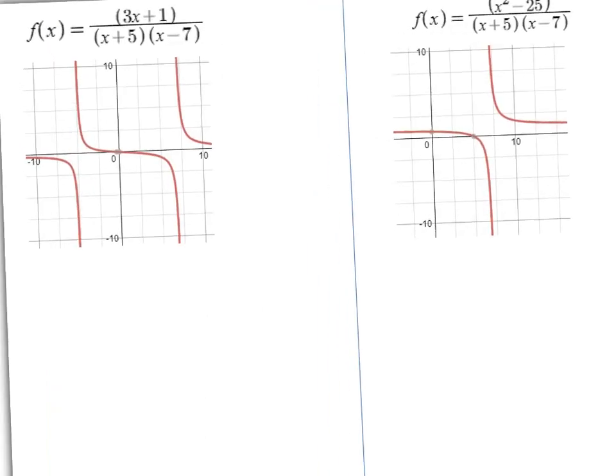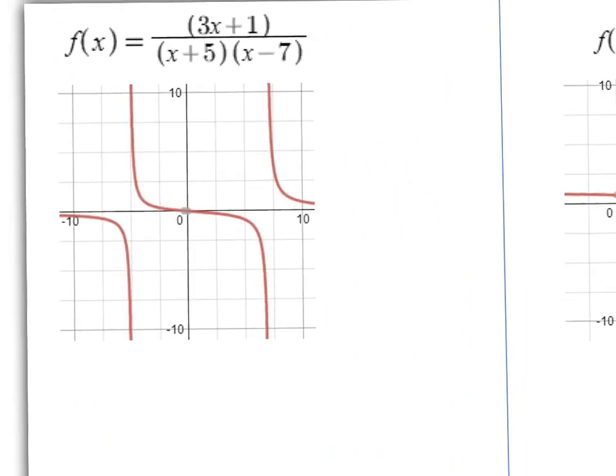Another function here. Here what we see going on is the degree of the numerator is 1 less than the degree of the denominator. So we know that the line y equals 0 is a horizontal asymptote. We see that x equals -5 and x equals 7 are vertical asymptotes, right?